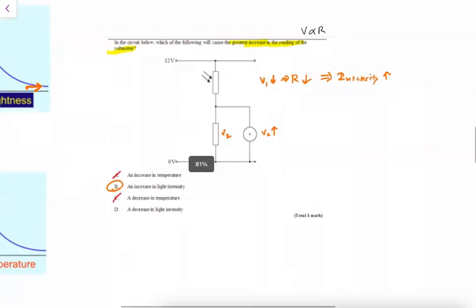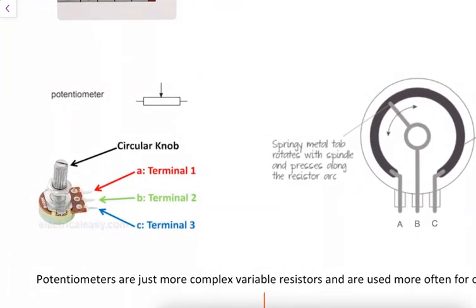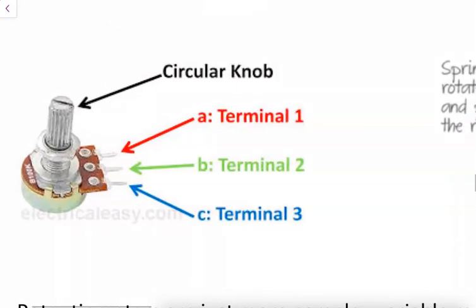All right, let's look at our last component. It's called a potentiometer. It's a fancy word for another variable resistor, but it's used more often to divide voltage. It has a circular knob that rotates left and right, and there are 3 terminals.